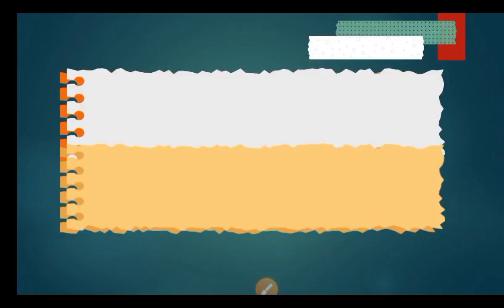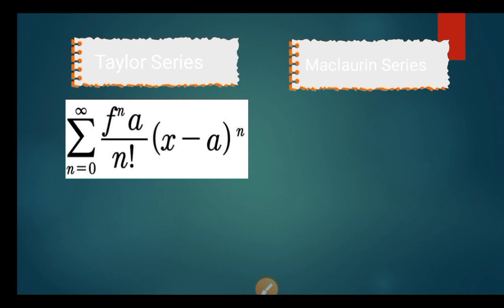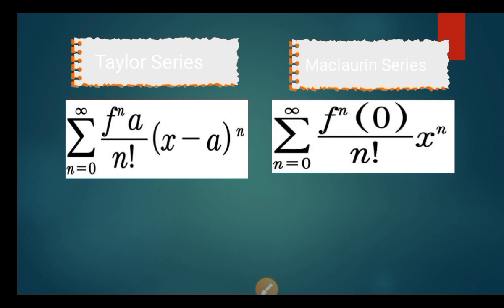For today's video I'm going to discuss the Taylor and Maclaurin series. So let's start. The formula of the Taylor series is the summation from n equals 0 of f raised to n of a over n factorial, times x minus a raised to n.